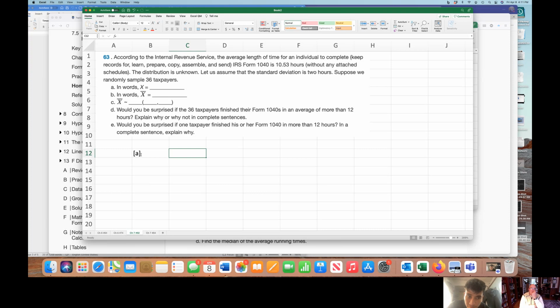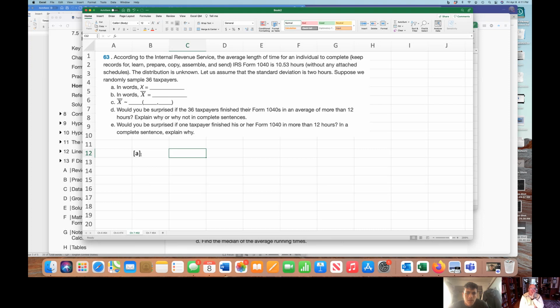According to the Internal Revenue Service, the average length of time an individual takes to keep records for, learn, prepare, copy, assemble, and send the IRS Form 1040 is 10.53 hours without any attached schedules. The distribution is unknown.